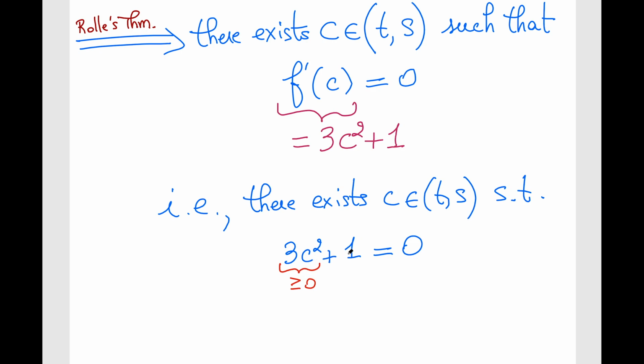And if you add 1 to it, this whole thing is certainly at least 1. So how is it possible to be 0 then? This is a contradiction, right? That's not possible because this entity here is at least 1, and hence there's no way it goes below 1, which is it never reaches 0. So there is no such c. Contradiction.